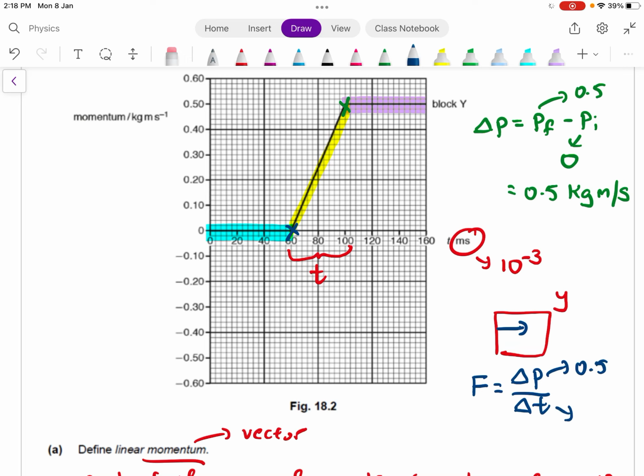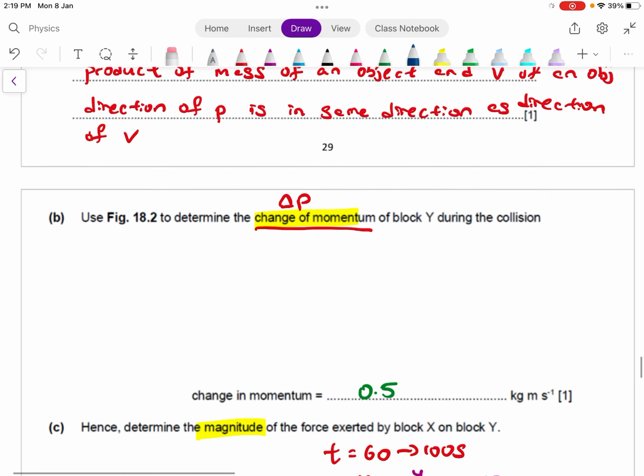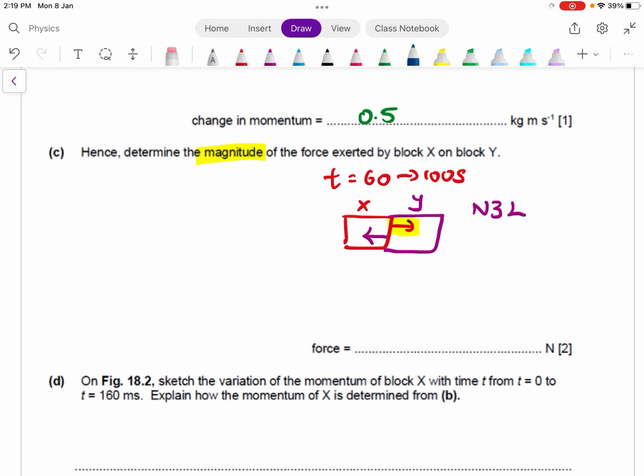The time in contact is roughly 40 milliseconds, meaning 40 multiplied by 10 to the negative 3. Let me do a quick calculation: 0.5 divided by 40 times 10 to the negative 3. So the force exerted is actually 12.5 Newton. That is how we calculate the force.